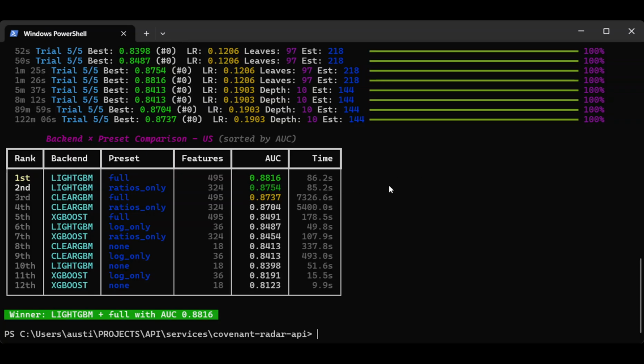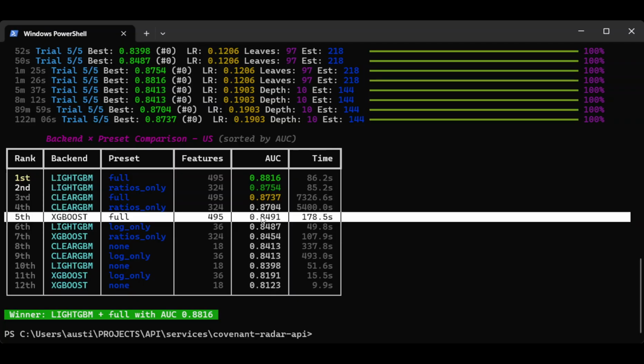And so I was able to make ClearGBM using the decision trees and looking at the overall gradients between these different decisions to really find and determine what columns matter, what features matter, and to come up with an accurate predictive model that actually significantly outperformed the existing XGBoost model.